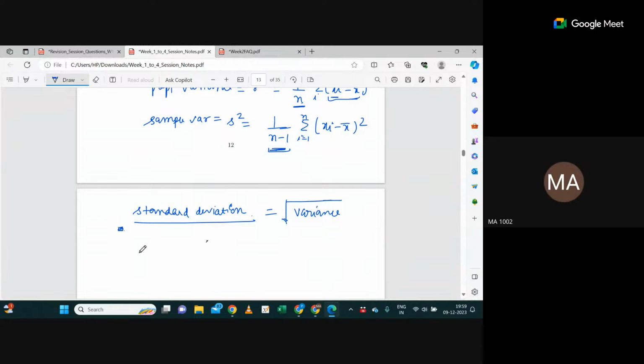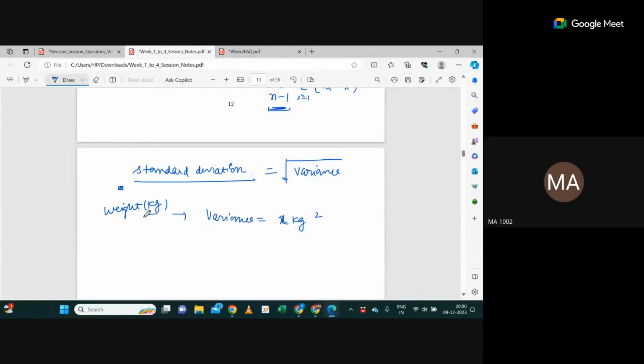What do you mean by units? Suppose you have a data set of weights of some people in kilograms. Suppose you calculate the variance of that data set; you will get some variance, let's say x kilogram square, right? But your original data set is in kilogram.